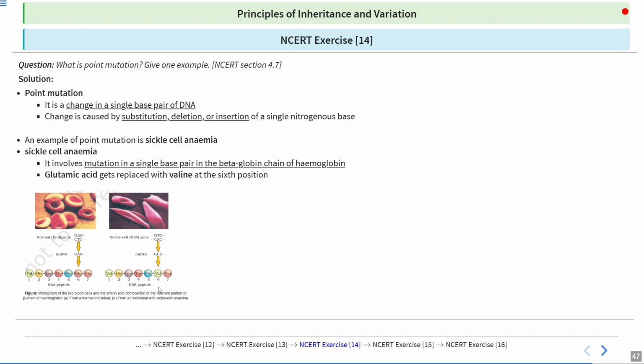Clear? Now the hemoglobin polymerizes because of this amino acid substitution, and the RBCs become sickle shaped. So sickle cell anemia is a classical example of point mutation. It is an autosomal recessive disorder. Okay, this is clear.